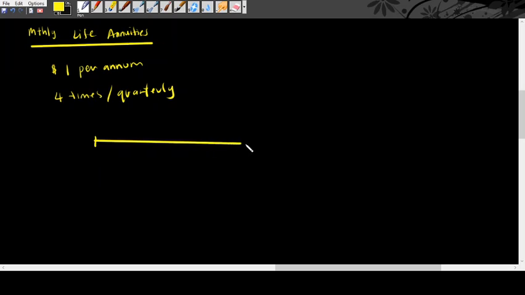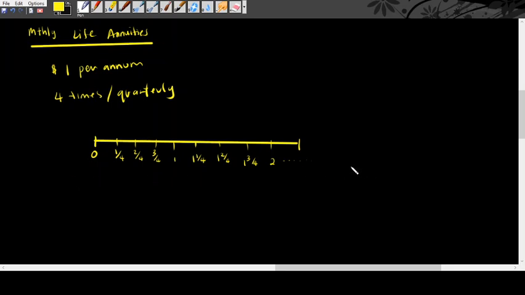So let's draw the timeline. You are going to have from 0, let's say 1/4, 2/4, 3/4. This is 1 year. This is 1/4, 2/4, 3/4, and then it will be 2 years, and it will continue forever if it is whole life.